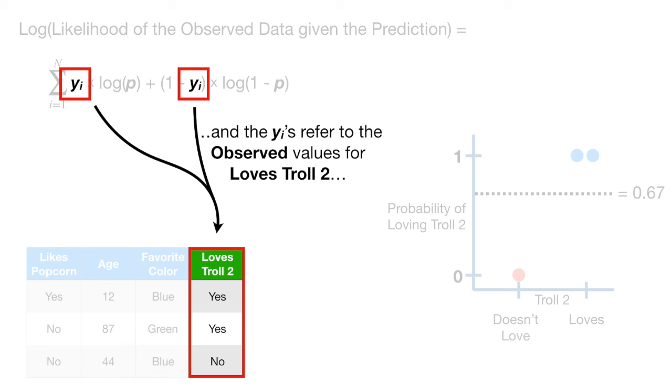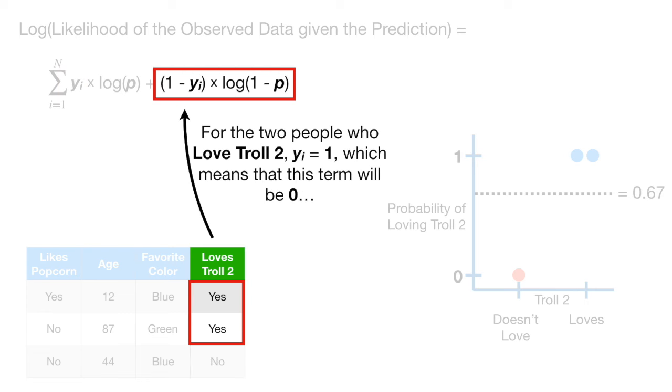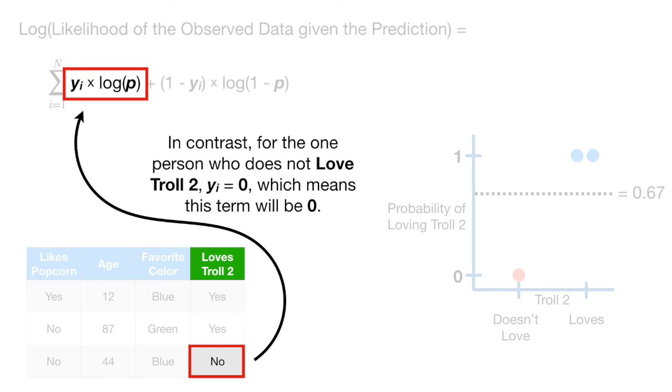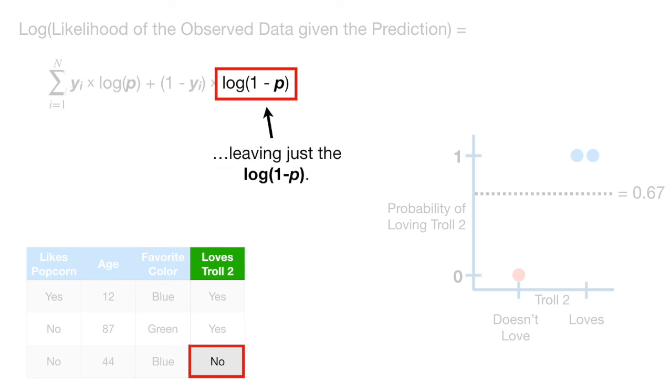And the y sub i's refer to the observed values for loves Troll 2. For the 2 people who love Troll 2, y sub I equals 1, which means that this term will be 0, leaving just the log of p. In contrast, for the one person who does not love Troll 2, y sub I equals 0, which means that this term will be 0, leaving just the log of 1 minus p.